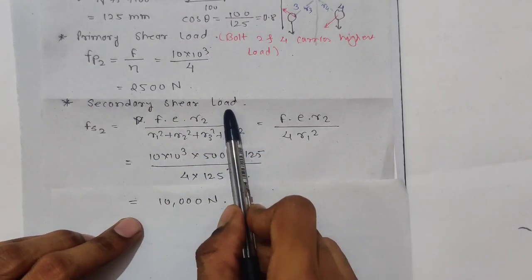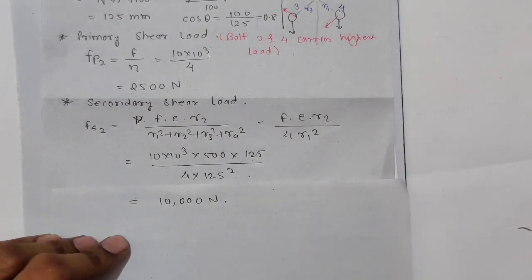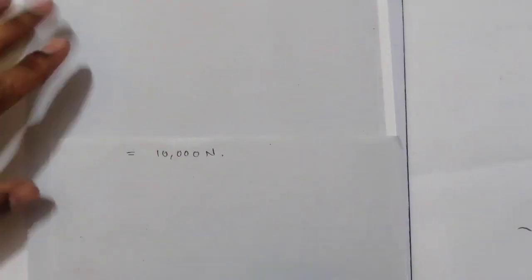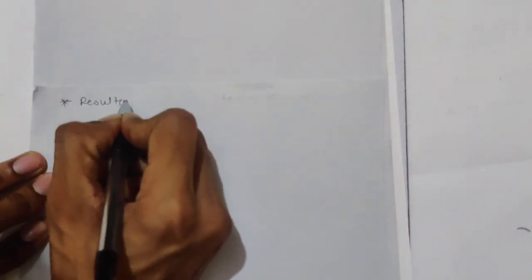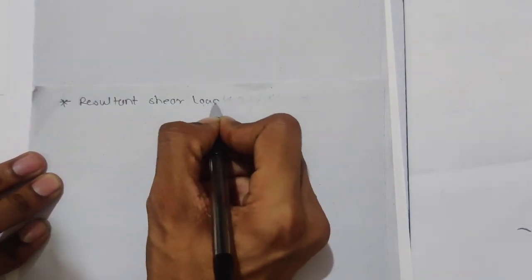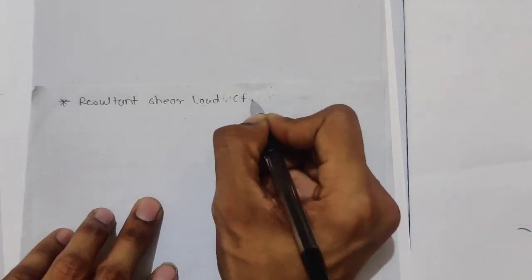Right. So now we have primary shear load and secondary shear load on bolt 2, which is the heavily loaded bolt. Now we have to find the resultant shear load. So resultant shear load is equal to F2.